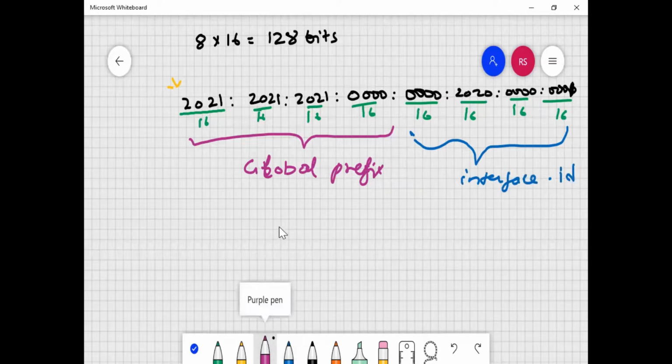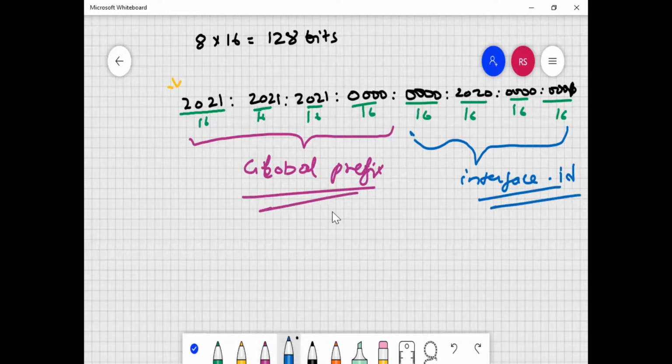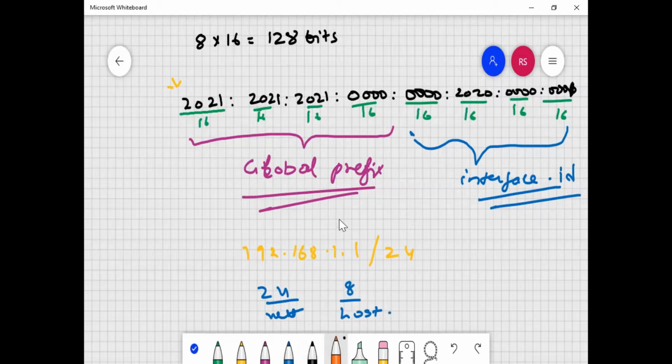So this is your global prefix and this is your interface ID. It is like when you talk about 192.168.1.1 and I am representing it with /24, it means 24 is representing your network bits and the last 8 were host bits. You can say there is a global prefix and the interface ID.